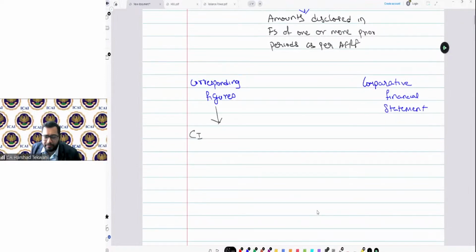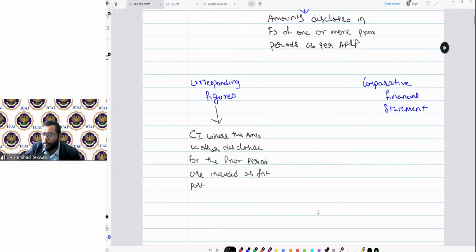It's a CI, comparative information, where the amounts and other disclosures for the prior period are included as an integral part of the current period financial statement, the current year financial statement.